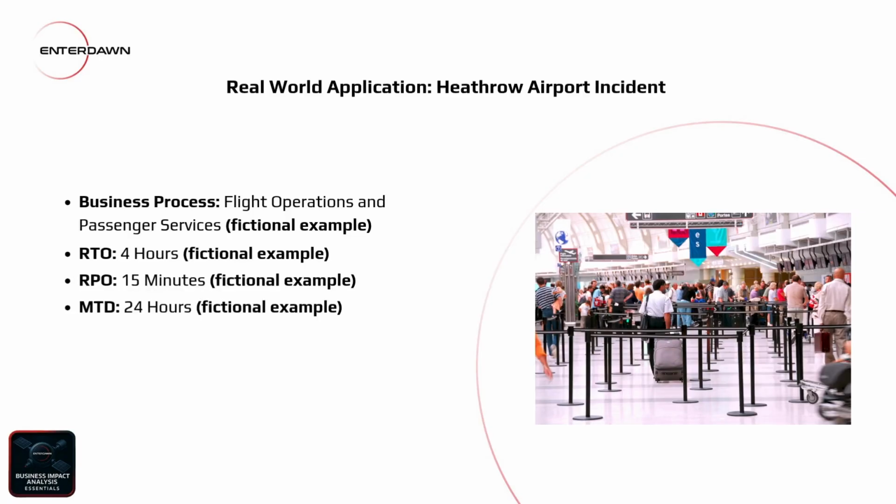Just a quick note: the recovery timeframes and impact estimates here are fictional and used for learning purposes only. We're going to continue to look at Heathrow's flight operations business process and passenger services business process as a case study, since that disruption in March of 2025 showed how fast things can go wrong at one of the world's most relied upon airports for international transit.